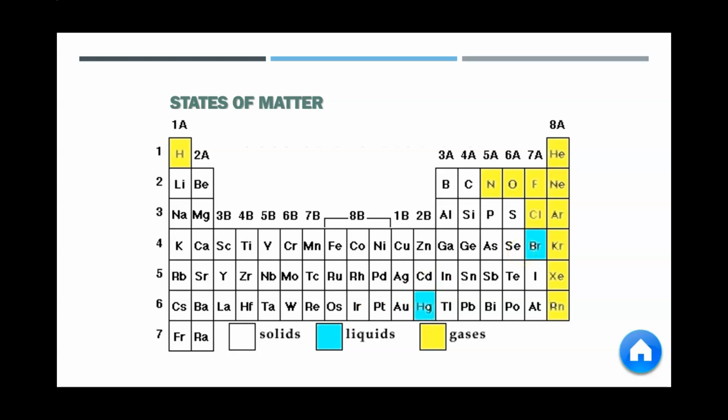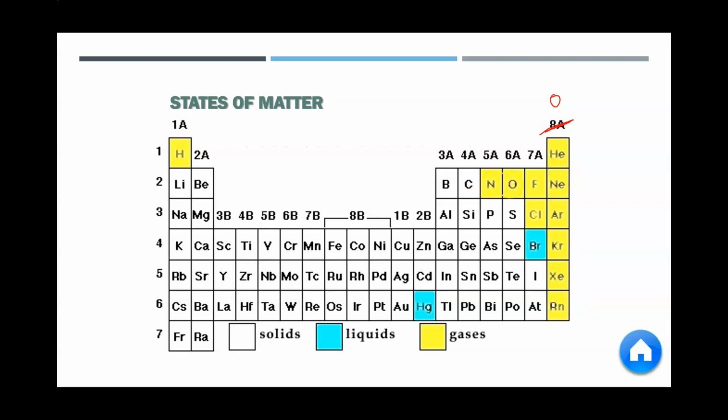The last thing we're going to look at is which elements are our gases. Every single element in group 0, forget this here, is group 0, is a gas, and actually this group are called the noble gases.